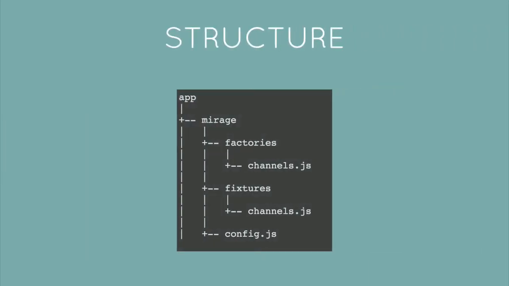So when you install this, you get this file structure added to your application. At the top level, you have your app, and then it creates a Mirage folder, and within that, you have factories and fixtures. Like I said before, the fixtures are just static data that gets returned whenever you hit an API call.